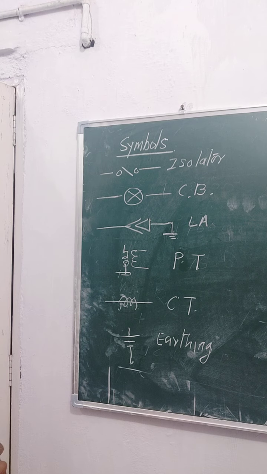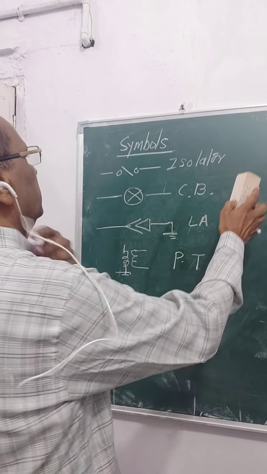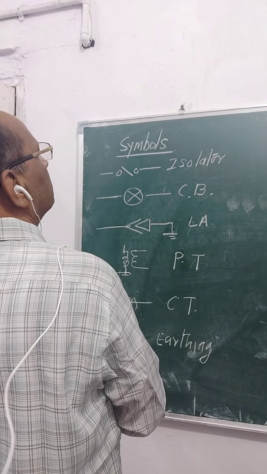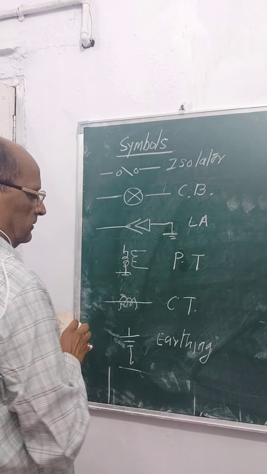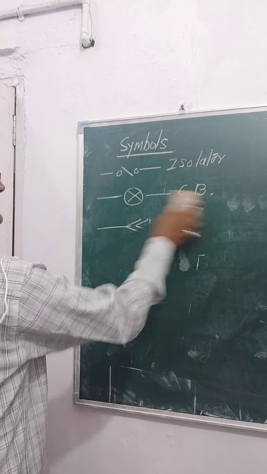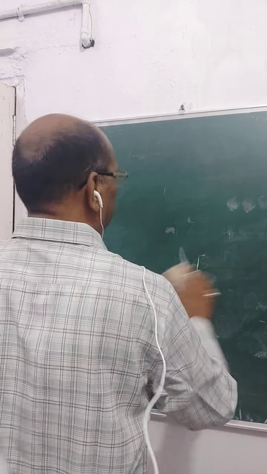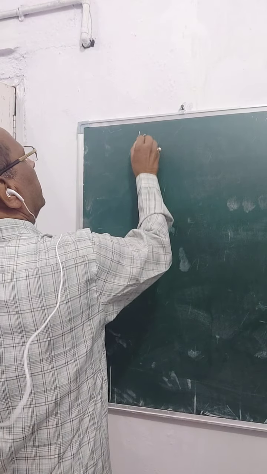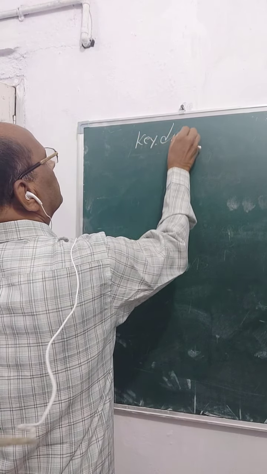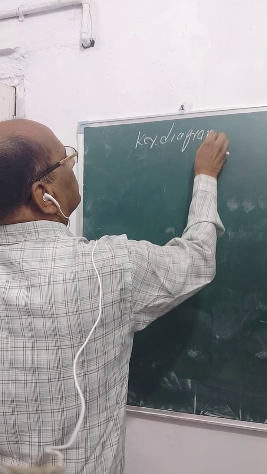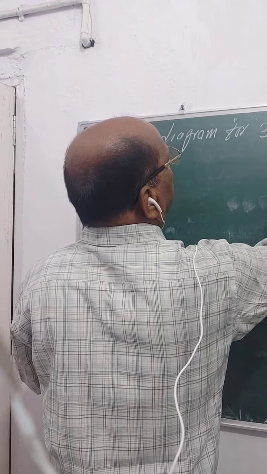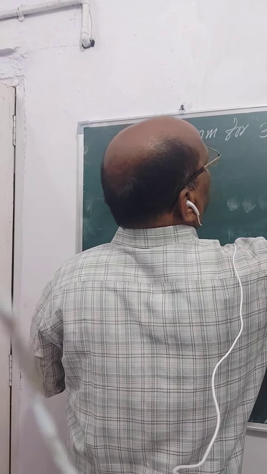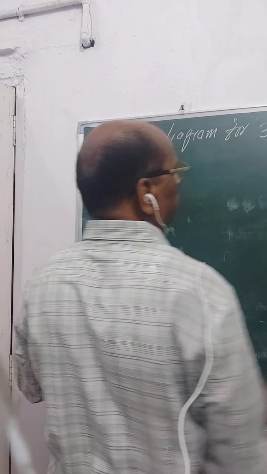So the key diagram for a 33 by 11 kV substation, in which there is one incoming feeder. Key diagram for 33 kV by 11 kV substations.